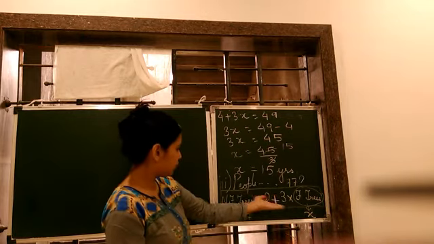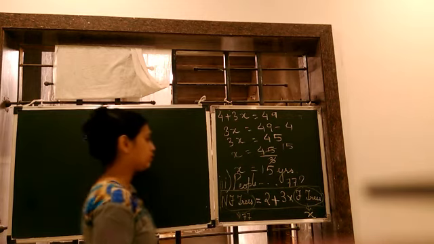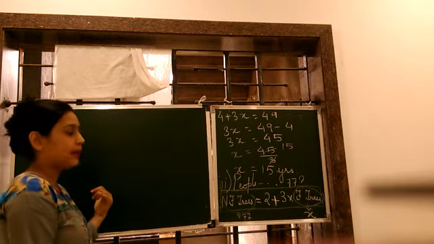So this is our equation: 2 plus 3x is equal to 77. So what will we write? Let the fruit trees be x.